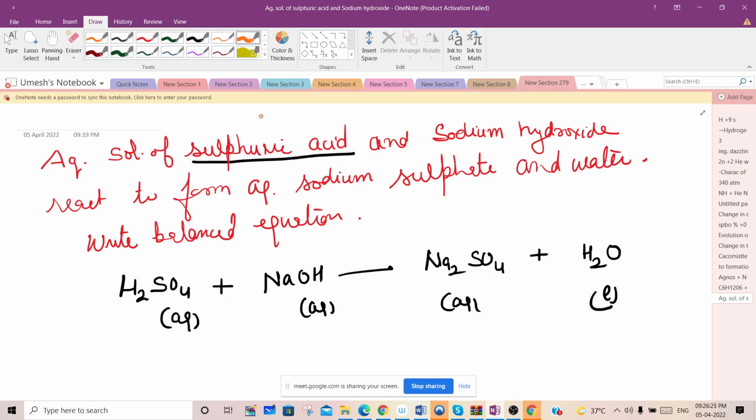Sir, I think for balancing it, H2SO4 plus 2 NaOH. Good. Rest, is all balanced or is something still left? We need to balance hydrogen. Okay, so how to go for it? It gives Na2SO4 plus 2H2O.